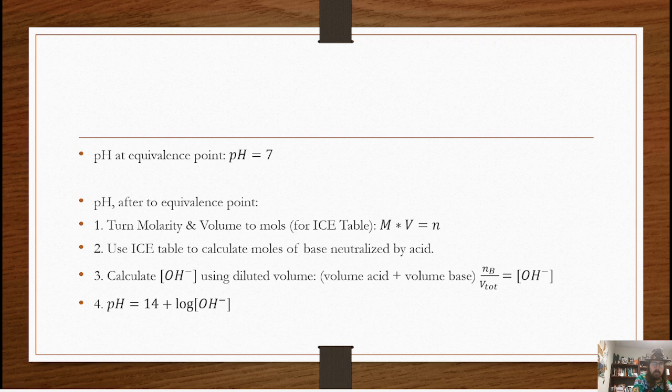But now, since it's more base than acid, if we find the negative log, this gives us pOH. And then we have to convert that into pH. So we have to be mindful of every step in the process of what we're doing and what reactions are being viewed.